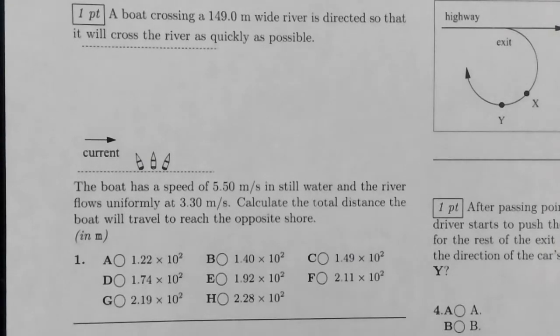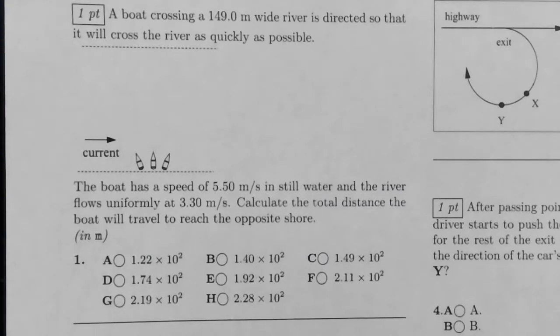A boat crossing a 149 meter wide river is directed so that it will cross the river as quickly as possible. The boat has a speed of 5.5 meters per second in still water, and the river flows uniformly at 3.30 meters per second.